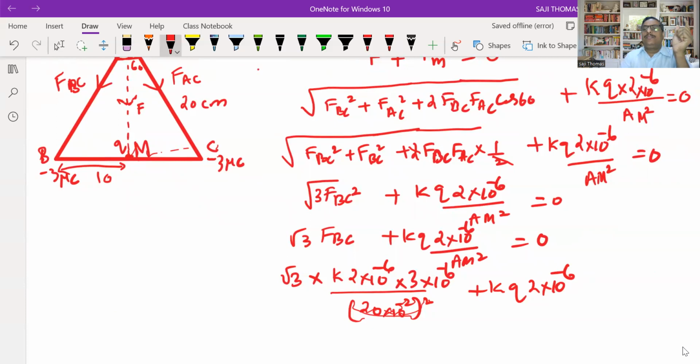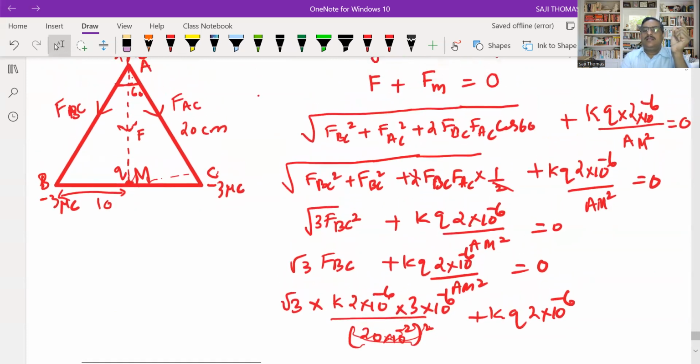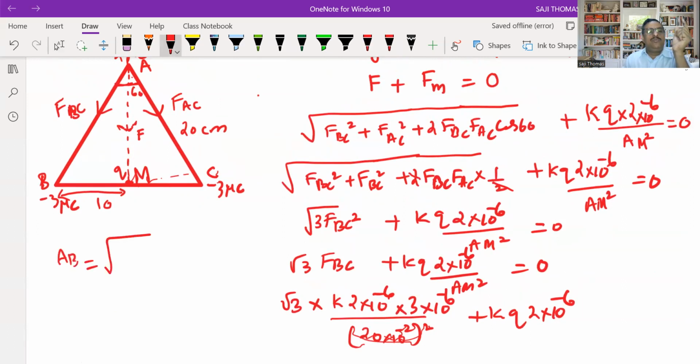What is AM? See, from the triangle you can apply Pythagoras theorem, right? So I'm writing on the side, what is this AM? AM equals root of AB square minus BM square, right? Pythagoras theorem. So root of, what is AB? 20 square minus BM is 10 square, right?